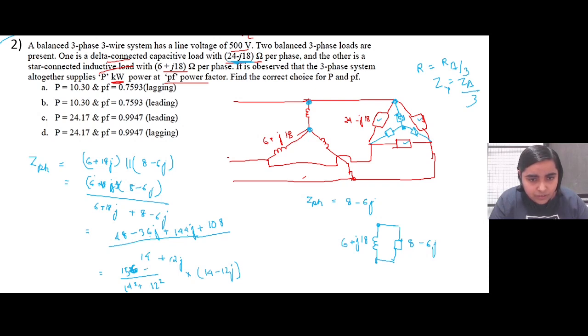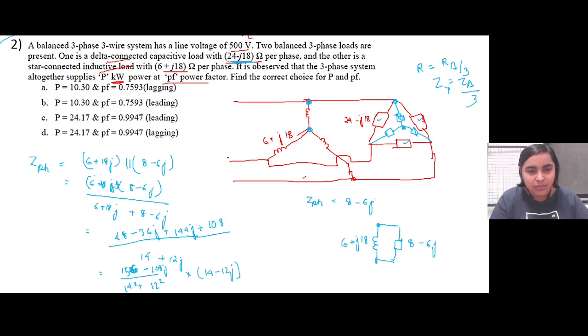And 144 minus 36 is 108j. So can you just simplify this and tell me what is the value?